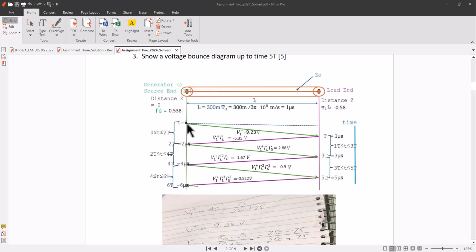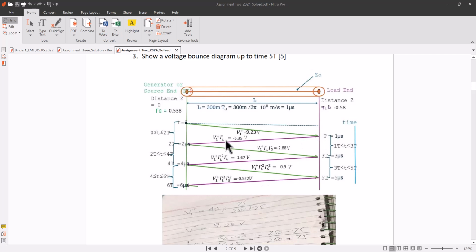This V1 plus will travel to the other end in 1 microsecond, at T equal to 1 microsecond. Then it will be reflected and go back to the generator side, and after 2 microseconds this will be V1 plus multiplied by the reflection coefficient at the load side.